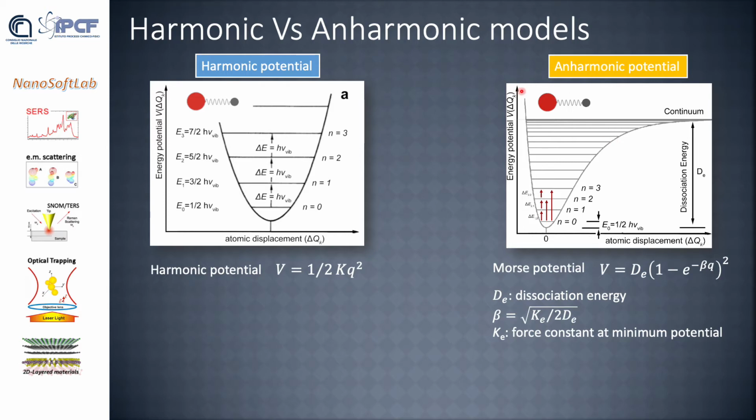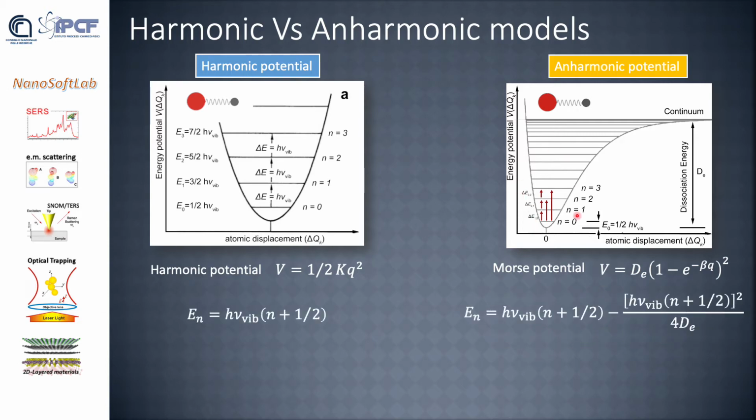It has some specific shape, as you can see here, which locally can be approximated as a harmonic potential, but actually is well described by what is called the Morse potential, which has this expression in which dE is the dissociation energy. Basically, it says that if we excite the system with enough energy, we will dissociate it. So the dissociation energy is described by this potential, where beta is proportional to the square root of Ke, and Ke is the force constant at the minimum of the potential.